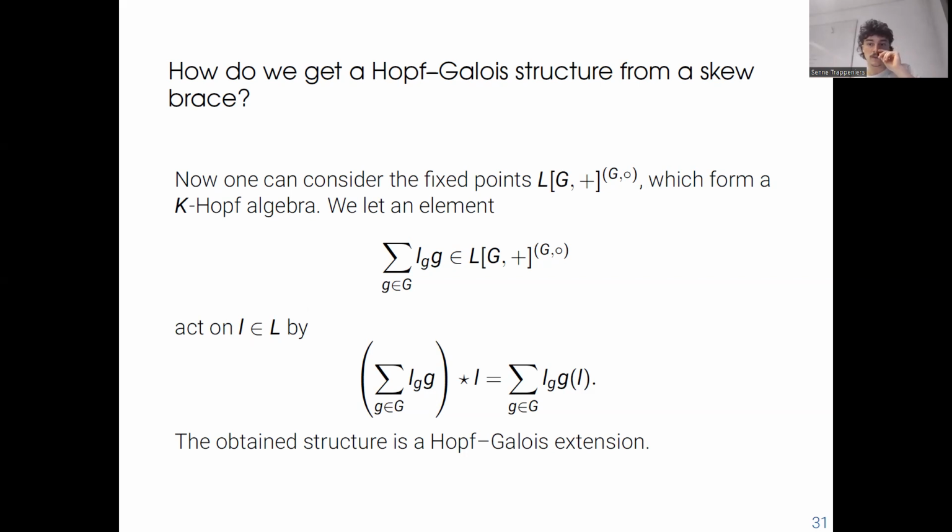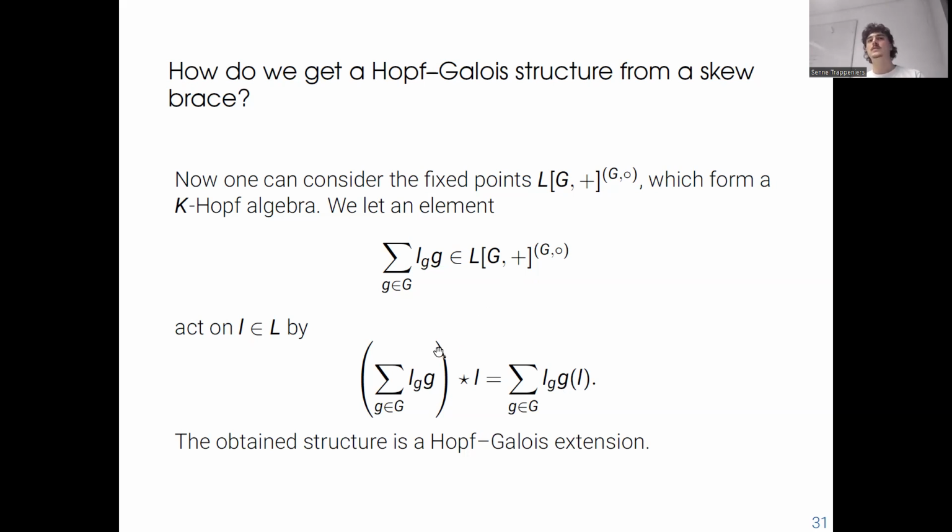Now, it should be noted that it's impossible in general to define this action before taking the fixed points. Because recall, in general, it's G circle acting on our Galois extension. It's definitely not G plus acting there.